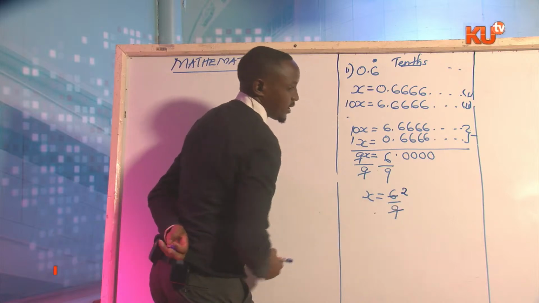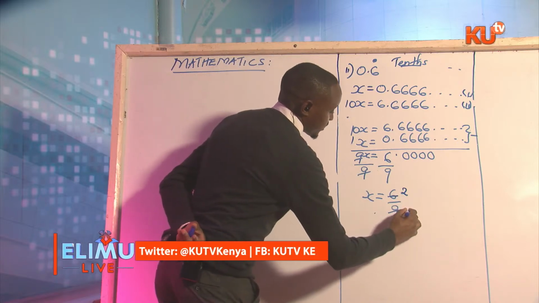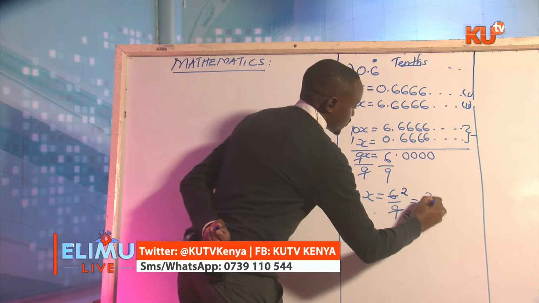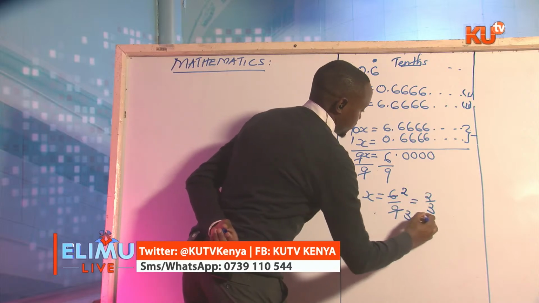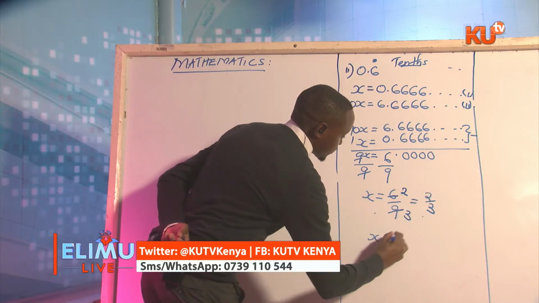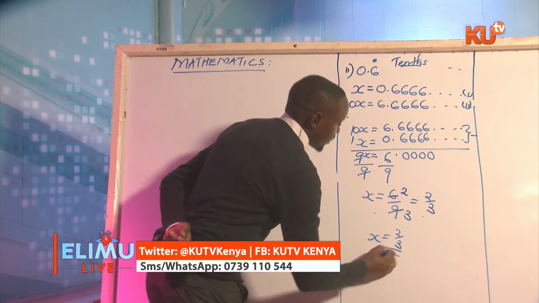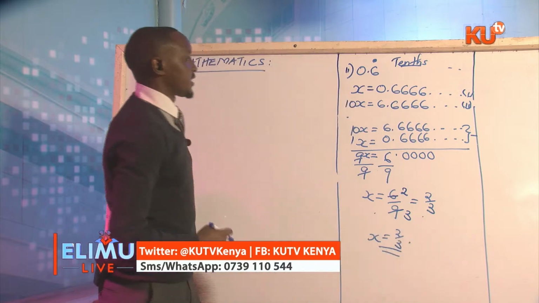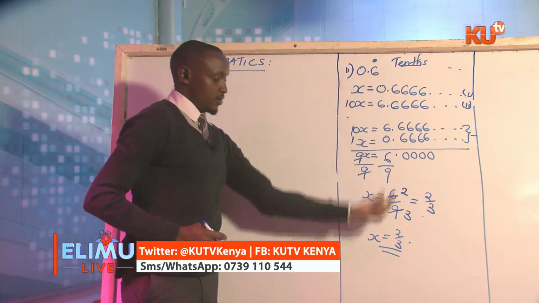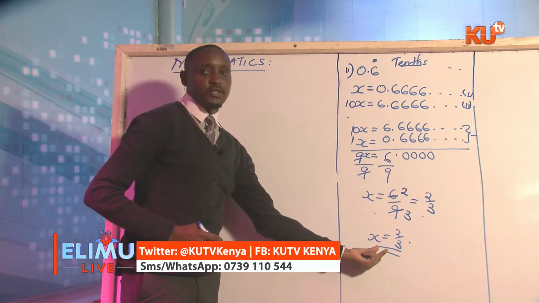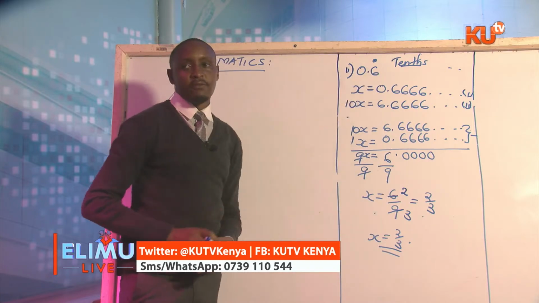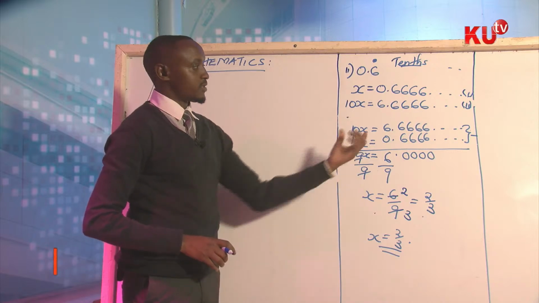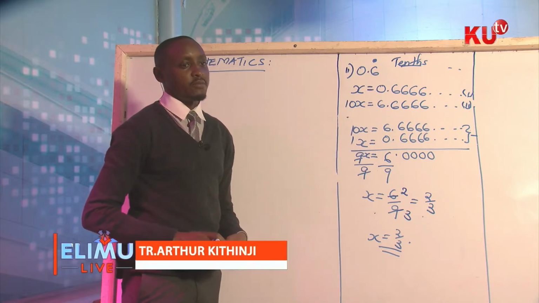And when you divide 9 by 3, you get 3. Therefore, x is 2 over 3. We have been able to convert 0.6, where 6 is recurring, to a fraction. This is the fraction where this decimal came from.